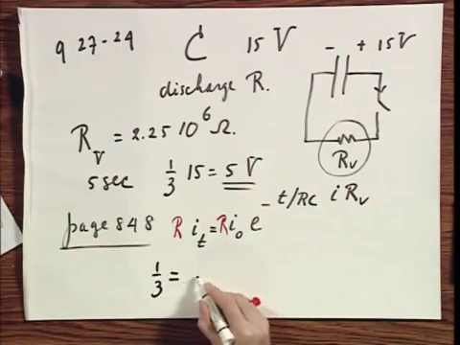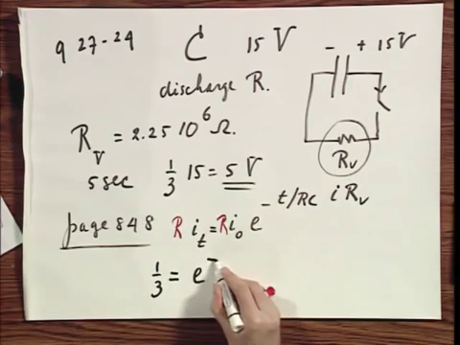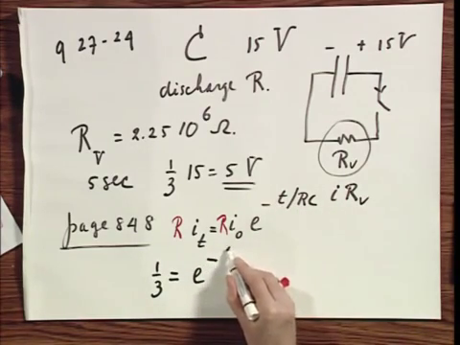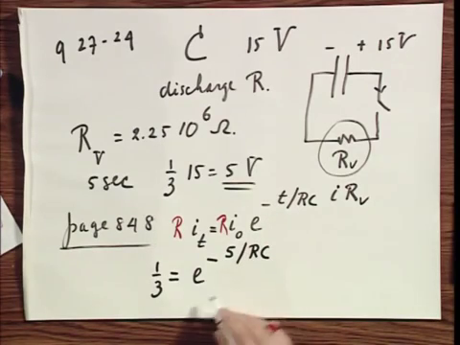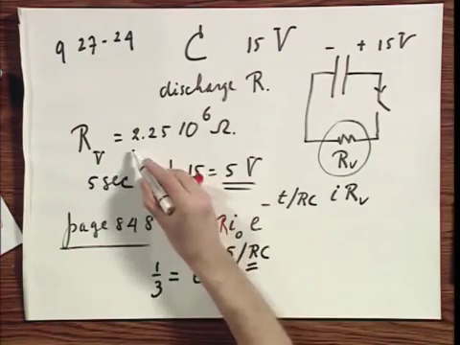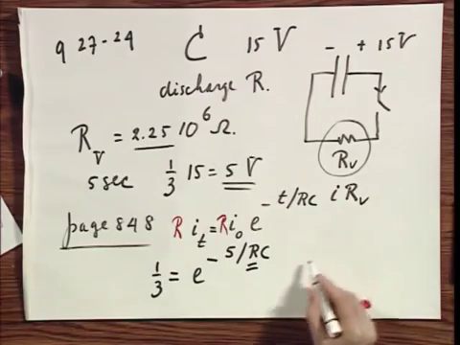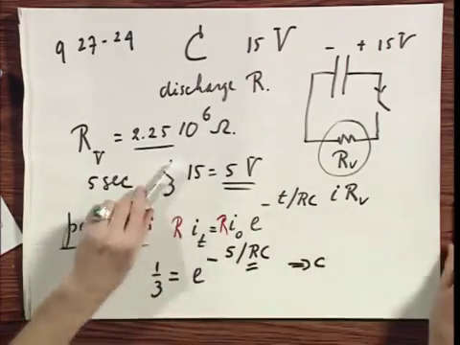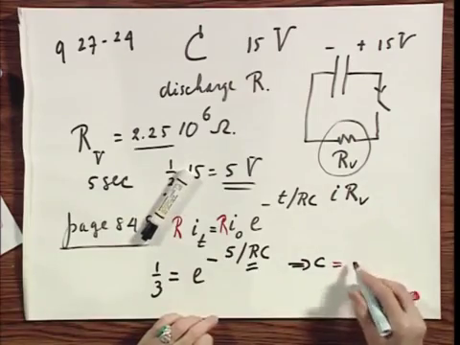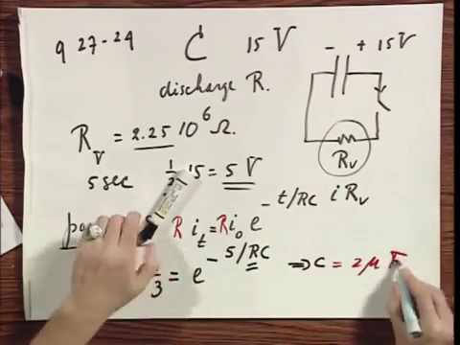So 1/3 equals e to the minus t over RC. t is 5 seconds. Well, you know R, 2.25 megaohms. So out pops C, and I found that C equals 2 microfarads.